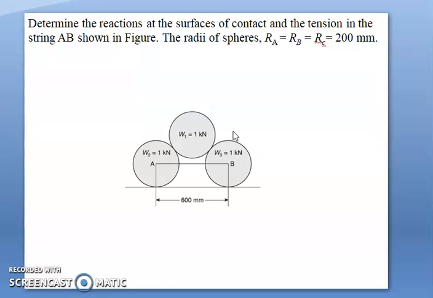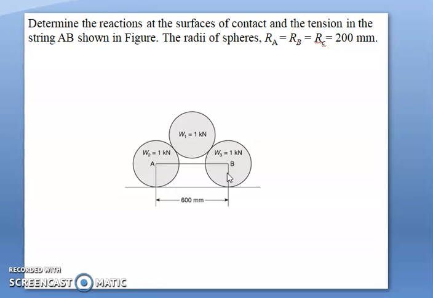Now take this as an assignment problem where we need to find the reaction at the contact surfaces, as well as A and B are connected by a string or a wire where tension force is going to develop. A and B are resting on a horizontal surface, and the radius of all three, RA, RB, RC, is equal to 200 mm, which means all three spheres are identical.